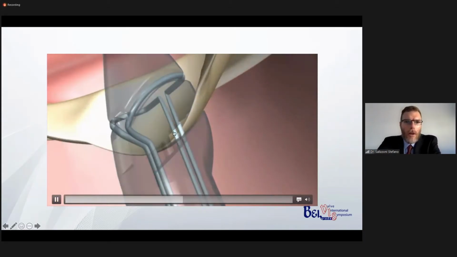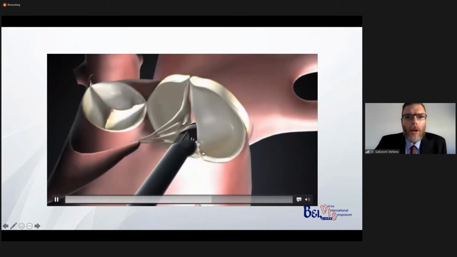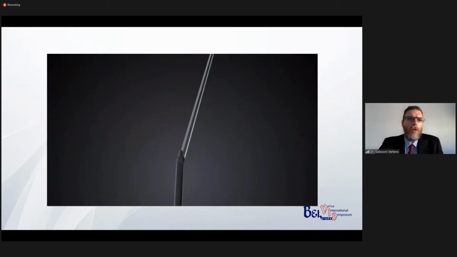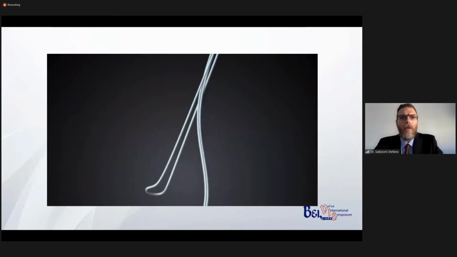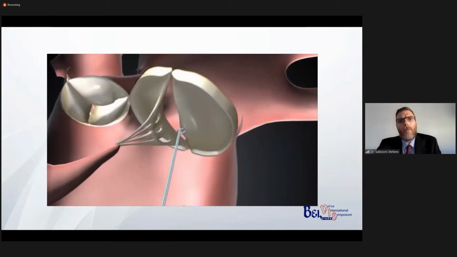Then you can pass this 4-0 Goretex suture, the same we use in surgery, and then we can make a loop and definitely anchor this cord to the mitral leaflet.